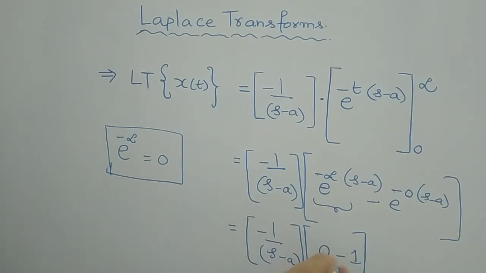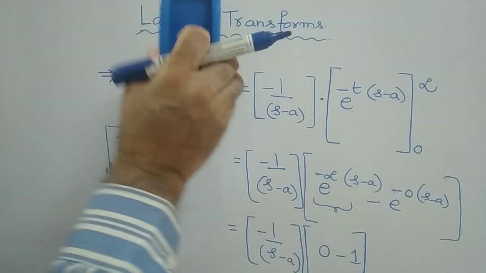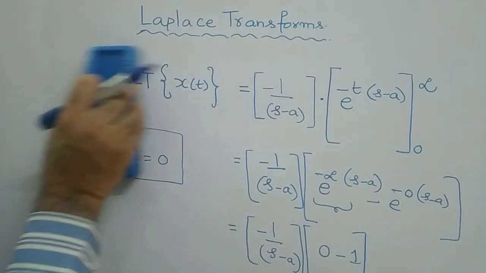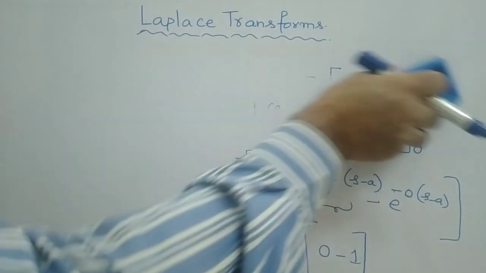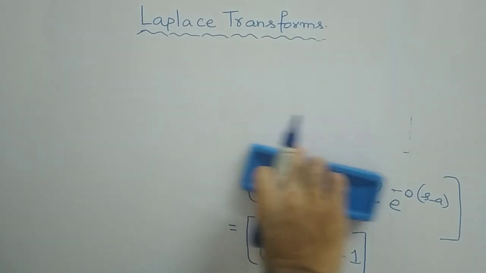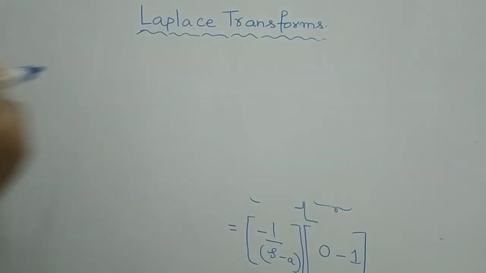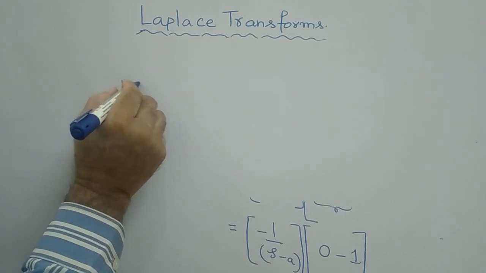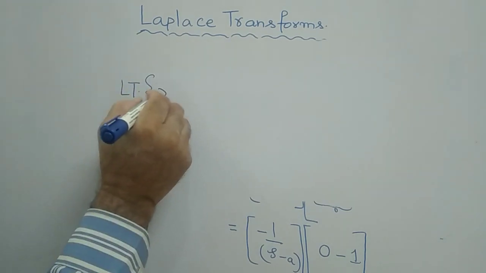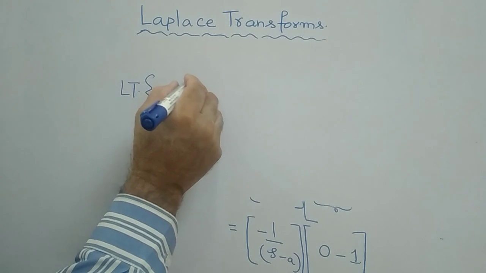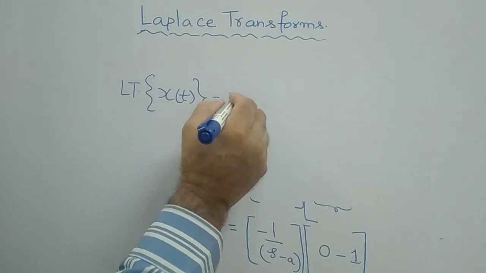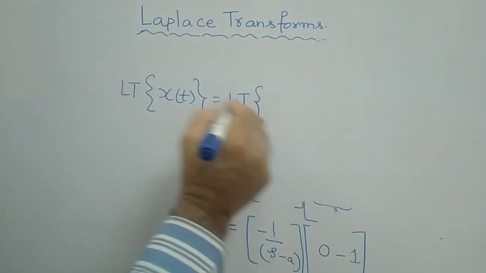Therefore 0 minus 1, how much? It is minus 1. Minus 1 multiplied by this factor. Your answer is the last step actually. So the Laplace transformation of x of t is nothing but the Laplace transformation of, what is your x of t?